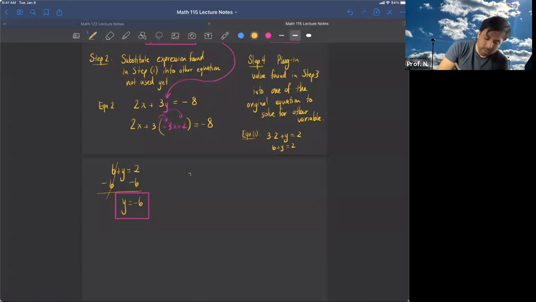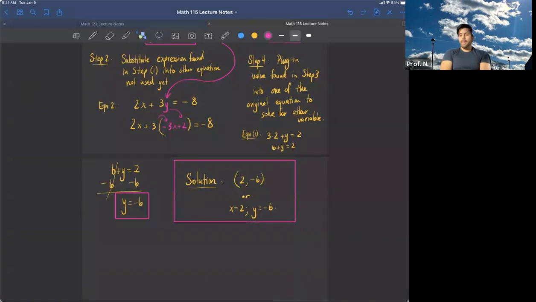And then what's my solution? My solution is 2 comma negative 4. Or I can write x equals 2, y equals negative 4. And of course we can check, and when we check it out, it works for both equations.